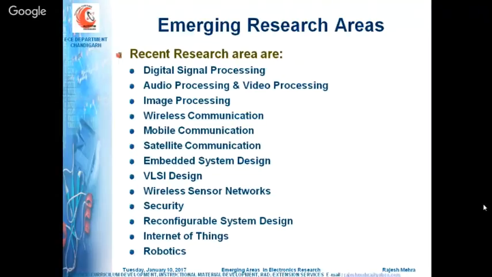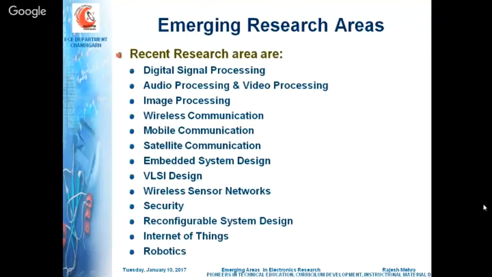So these areas are digital signal processing, audio and video processing, image processing, wireless communication, mobile communication, satellite communication, embedded system design, VLSI design, wireless sensor networks, network security, reconfigurable system design, Internet of Things, and robotics.